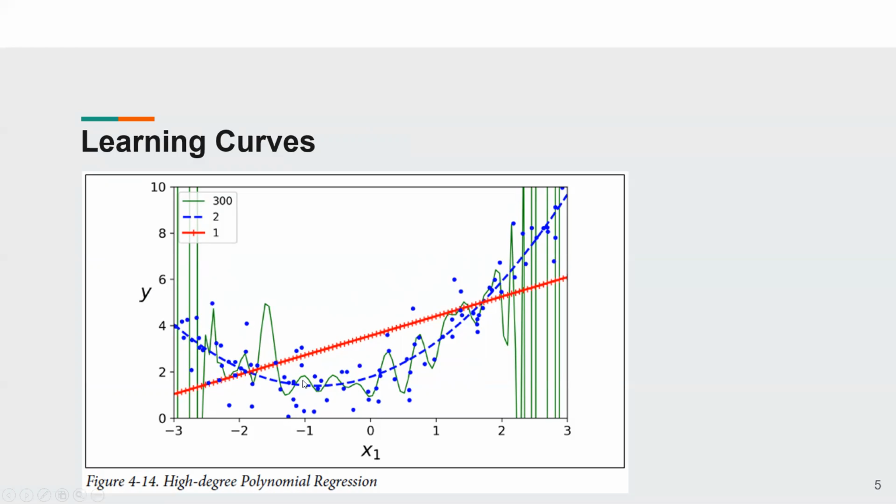And then on the other end, for 1 degree, which is a linear function, that is the red line, and the second degree would be the blue line. You're probably already aware that the green line is running the risk of overfitting, because the model is trying so hard to fit every single change of the data. Here is just to give you an understanding and illustration of different degrees of polynomial regression.